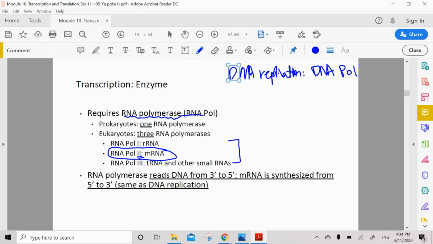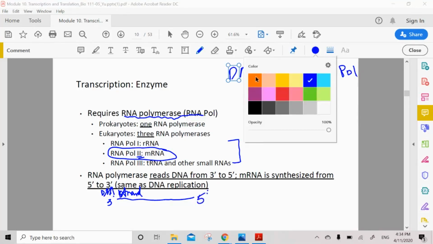This is exactly the same as DNA replication, right? So remember, for DNA replication, let's say this is a DNA strand. The DNA polymerase also reads the DNA strand from 3' to 5', so that it synthesizes the new DNA strand.